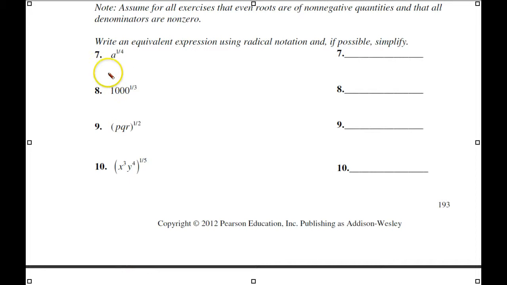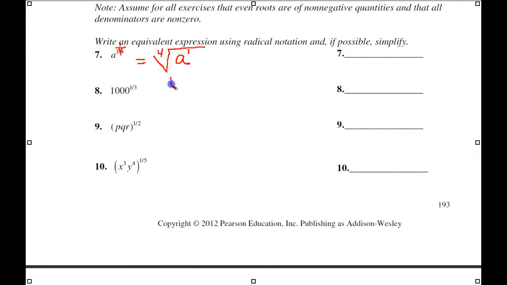Okay, here they want us to convert from fractional exponent form to a radical expression. So radical sign, a is our base, and this is 1/4. So 1 is our exponent, and our denominator is our index number.